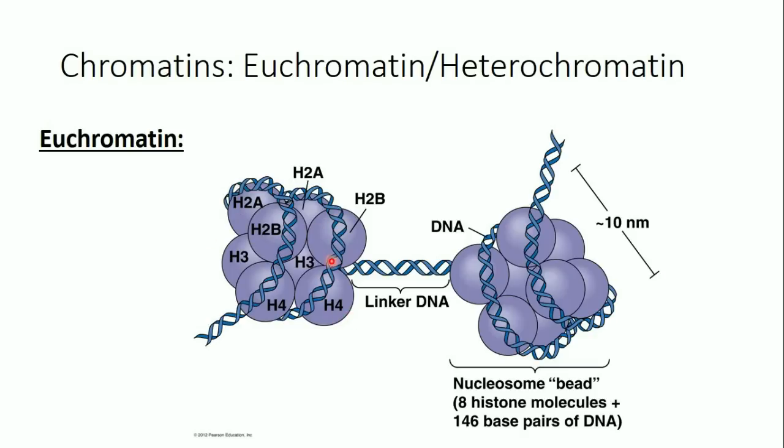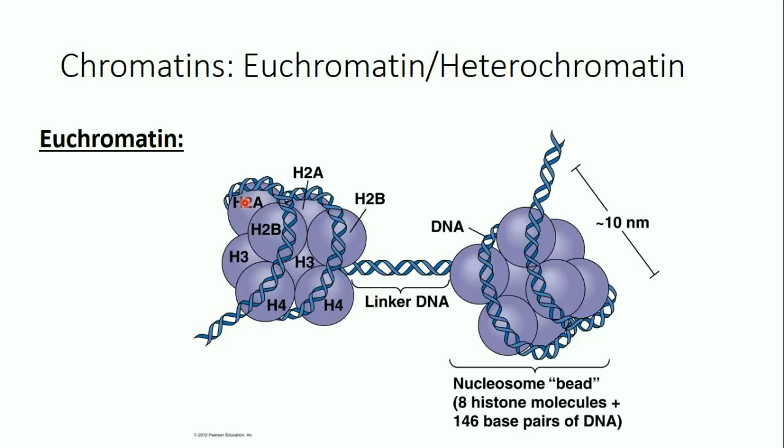The purple circles you're seeing here are proteins called histones. Each group of 8 histones is compacted together, and the DNA is rolling around the 8 histones.